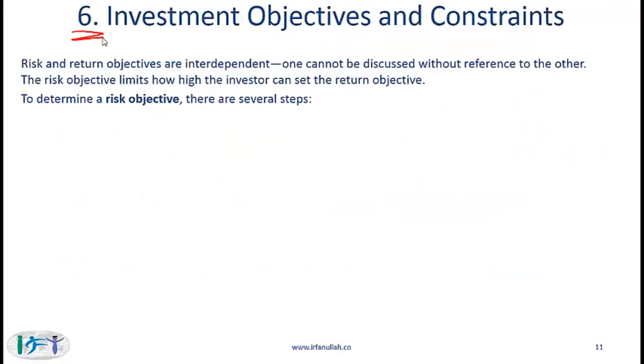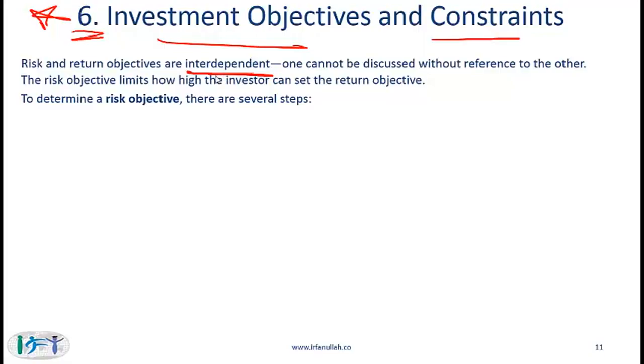We now come to section 6, which is the other important section in this reading: investment objectives and constraints. When we talk about investment objectives, there are two core objectives: risk objectives and return objectives. And these are interdependent. You cannot just come up with a return objective in isolation without knowing the risk objectives.